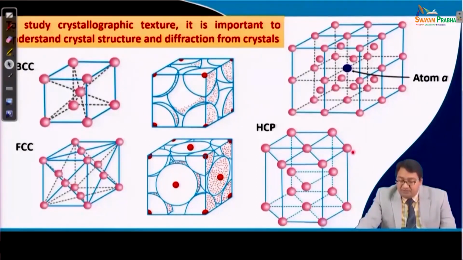see these hexagonal close packed structures, they have, you see, 1, 2, 3, 4, 5, 6 atoms at each corner, an atom at the face center, this is the basal plane, and you see 3 atoms inside.